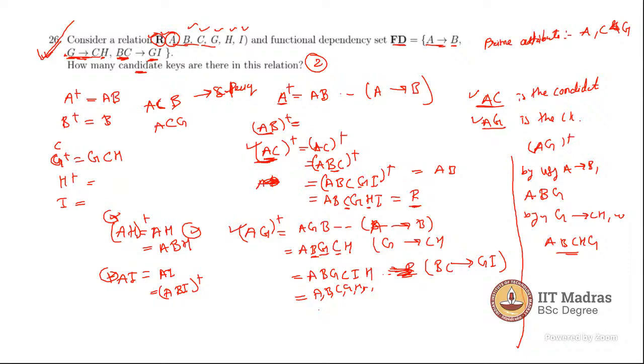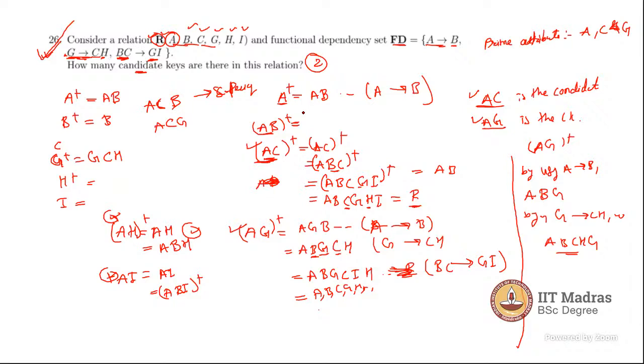When you find the closure set of AG, that is AG plus, the rule is you should get all the attributes in the closure set. If you get that, then you can safely say that AG is a key, not yet a candidate key. Now it should be minimal, and then you can say candidate key.